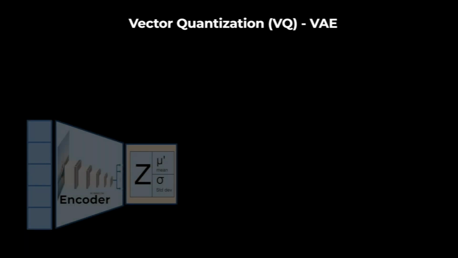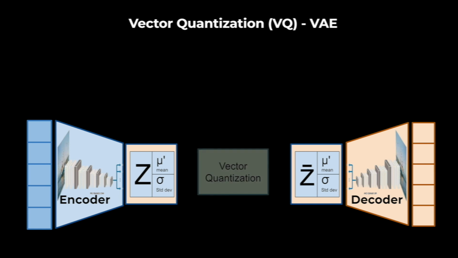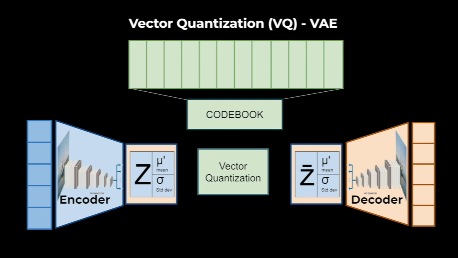In a vector quantized variational autoencoder, we introduce vector quantization between the encoder and the decoder as an updated latent space with the introduction of a codebook. So we can say that vector quantization takes advantage of the codebook.